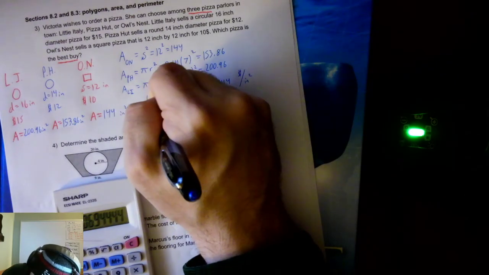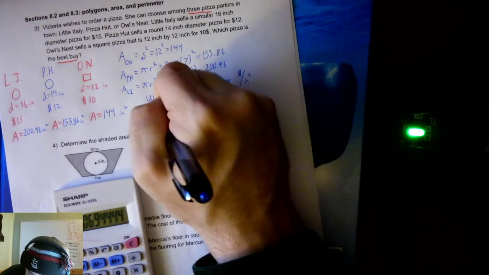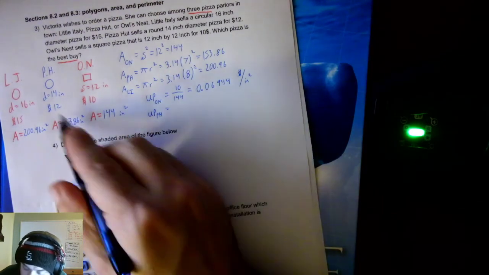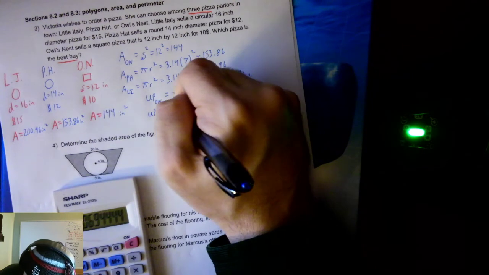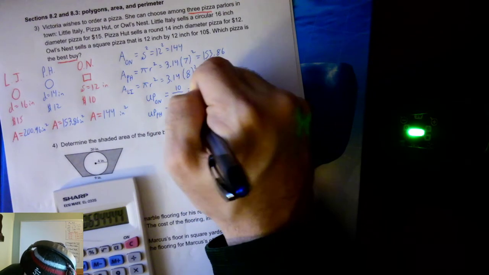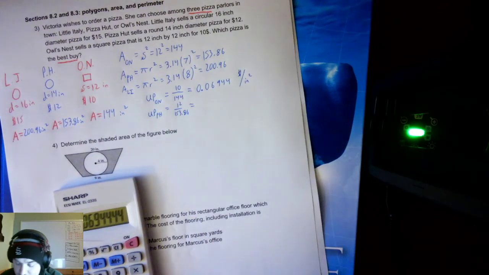Next, I would do the unit price of, let's go the same order we did before. We'll do Pizza Hut next. We do dollars per size. It's $12 for 153.86 square inches of pizza.